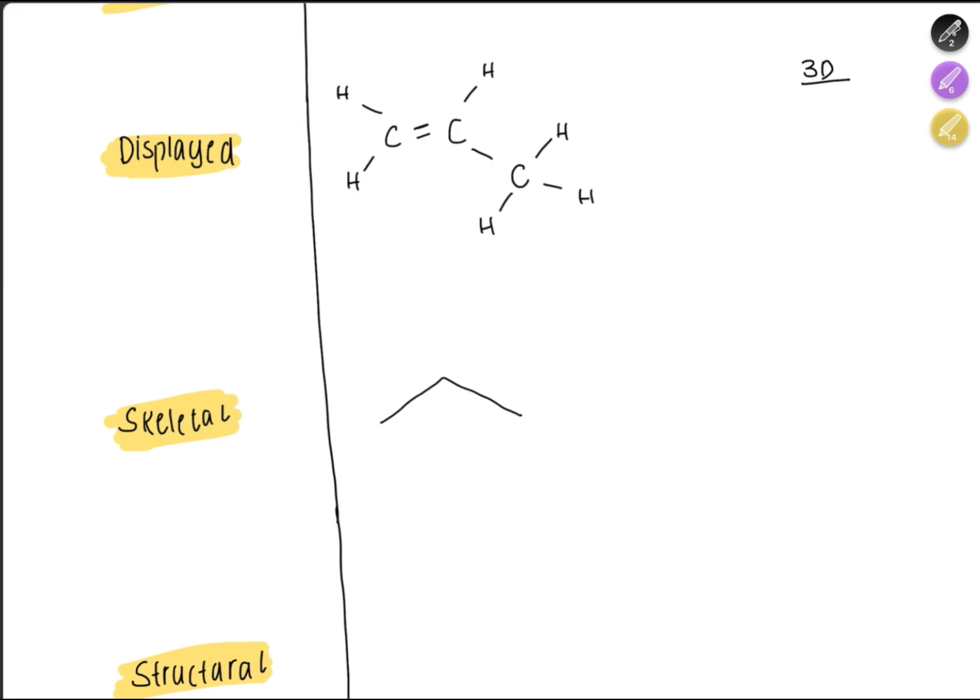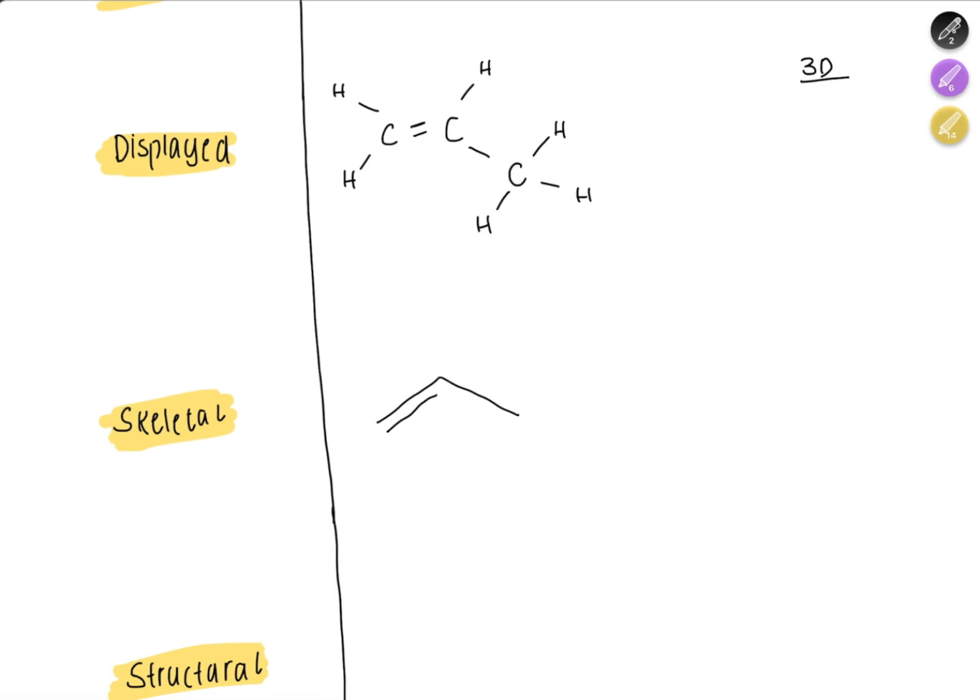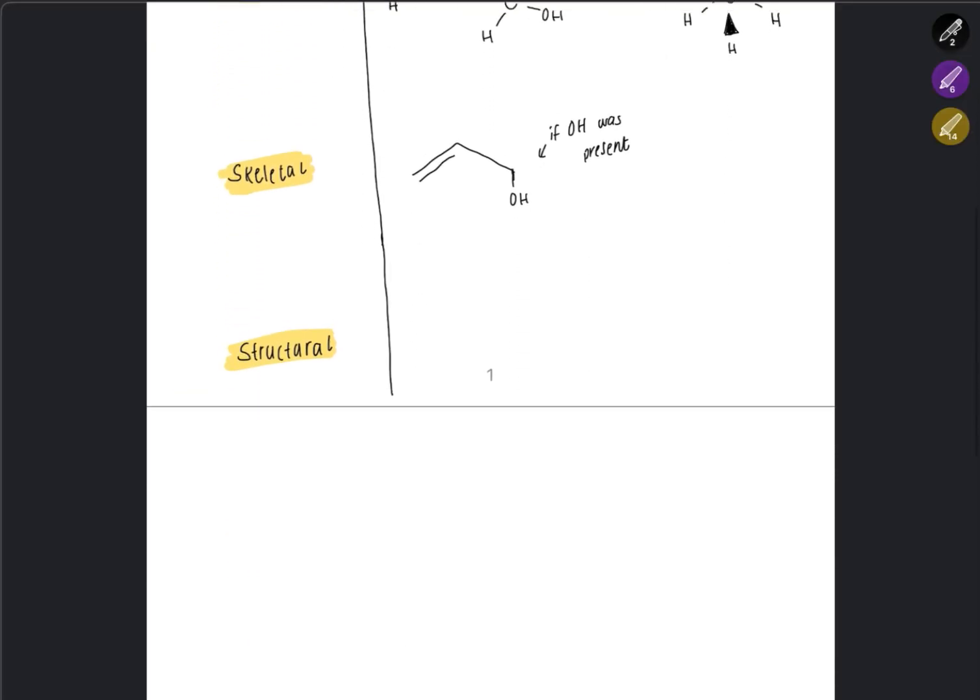And then you have a double bond between the first and second carbon, so you'll draw another line here. Now in this formula, any carbon and hydrogen atoms are not displayed. But for example, if you had an alcohol, an OH group, you would show this like this, OH.